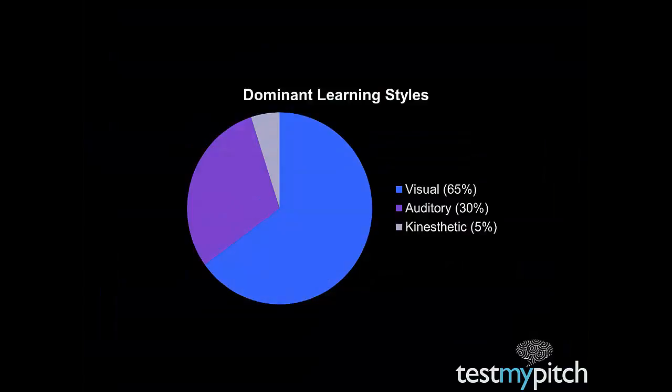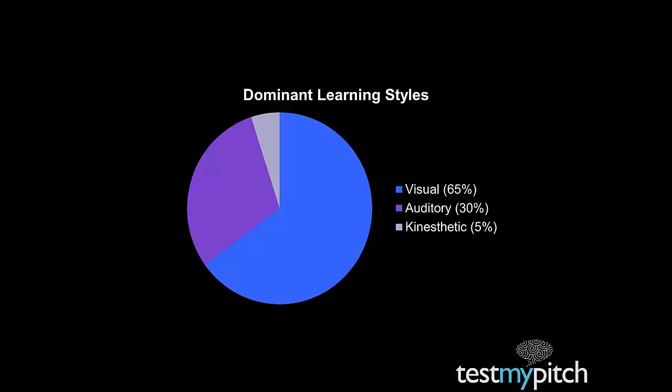Maybe another way to look at this is our learning styles as humans. We are very much visual learners. 65% of the American population are visual learners, and I think this is pretty normal for most humans. And only 30% are auditory or listening learners.